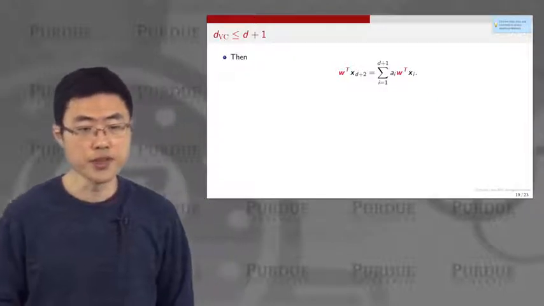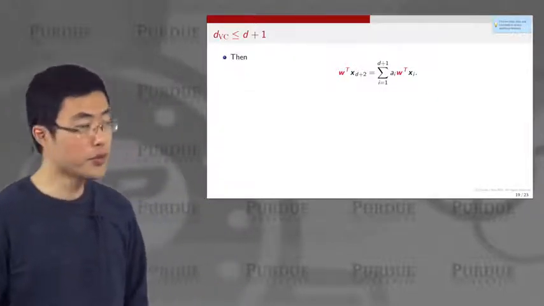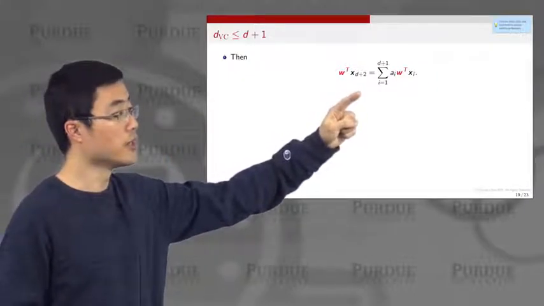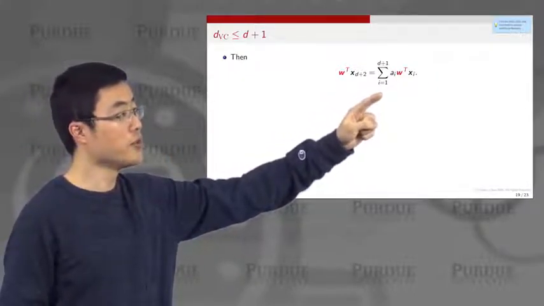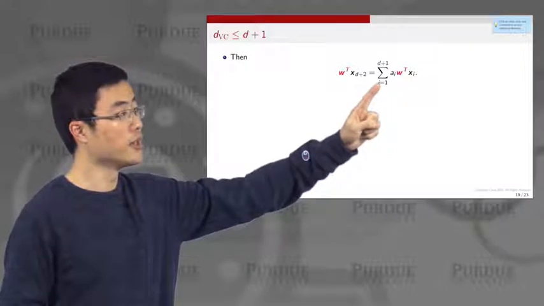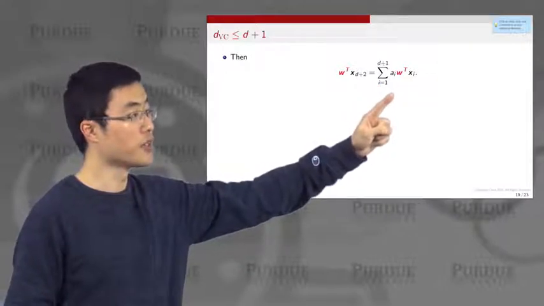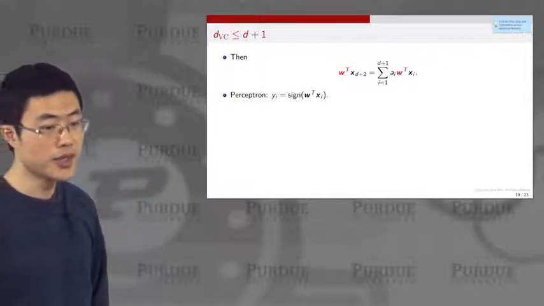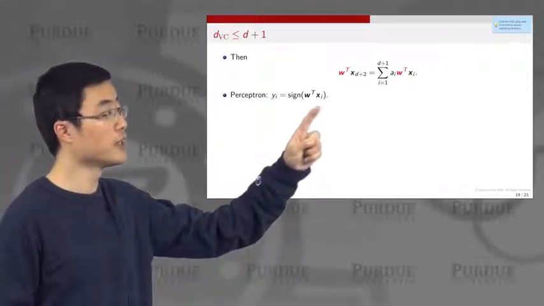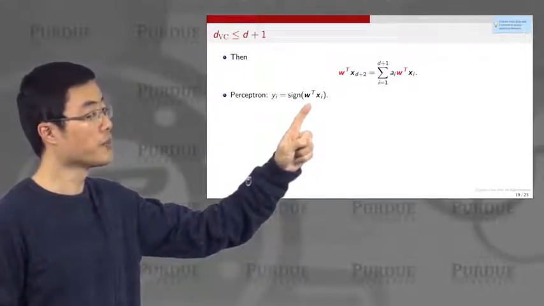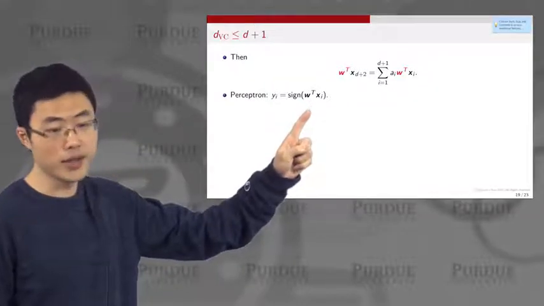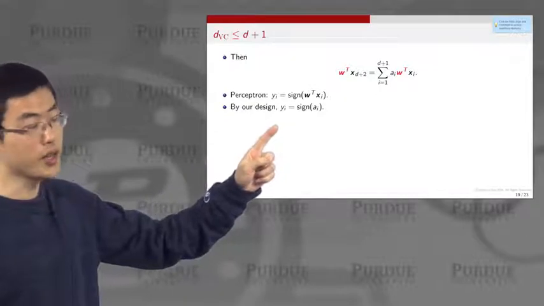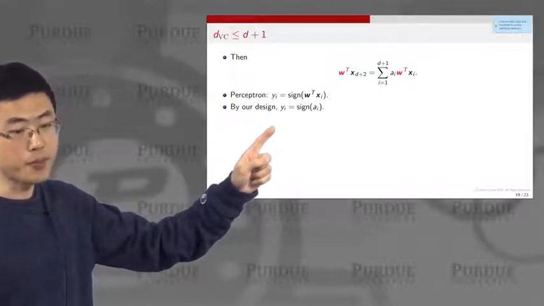Okay, so what will happen is that if you take a W vector on this d plus 2, then on the right hand side, you need to multiply this summation of a_i and W transpose x_i. And the perceptron algorithm says that the sign of W transpose x_i is the y_i. So by our design, y_i is the sign of a_i. So what will happen?